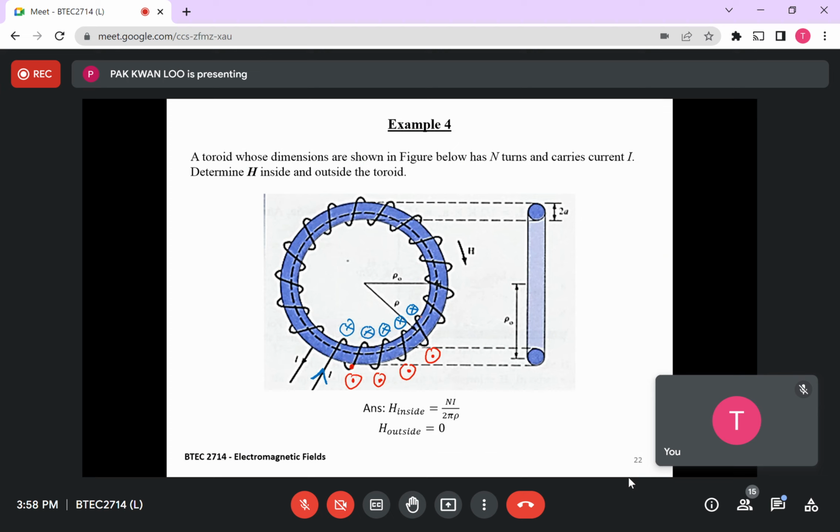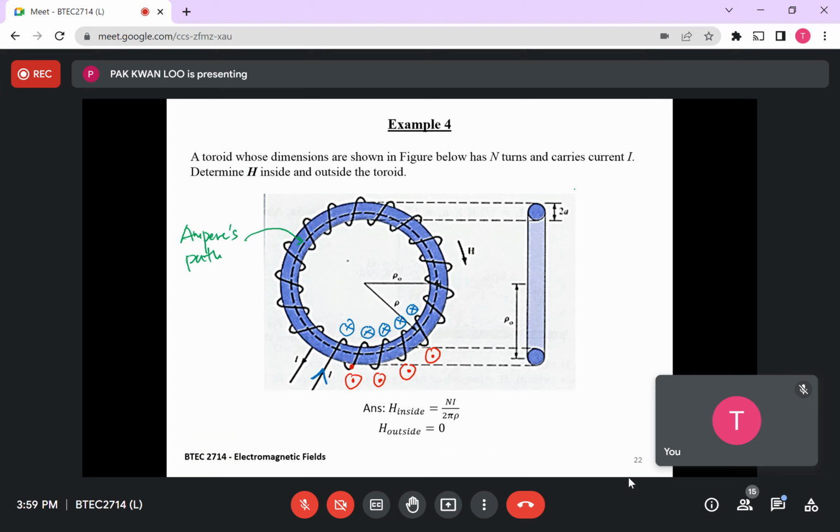If there are n windings, that means you wrap the toroid n times, n turns. So the Ampere's path encloses how many currents?